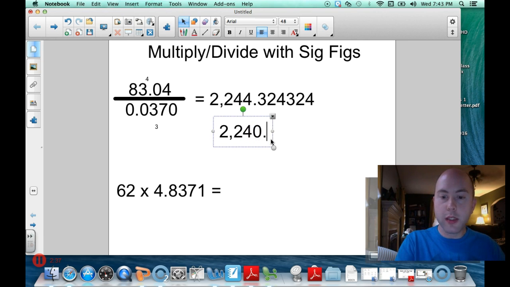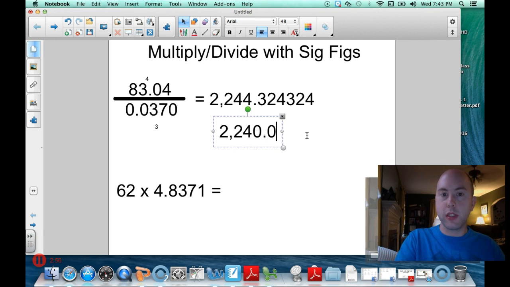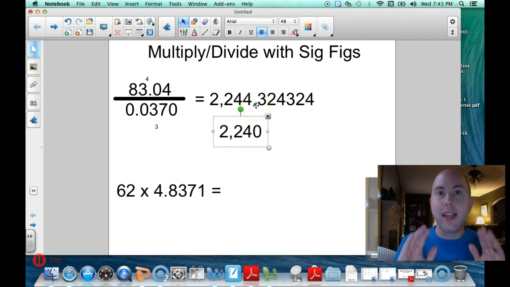You don't want to make all these numbers zeros though. Don't confuse those for placeholders because if you change these to zeros, guess what? Now they're significant because they're to the right hand side of the decimal and they're to the right of significant figures. So don't make those 0. In fact, when you have a big number like this, you make zeros until you get to the decimal point and then stop.